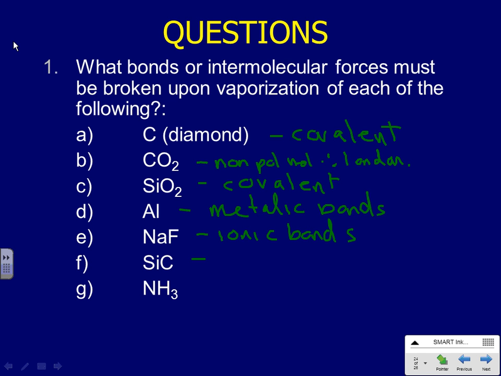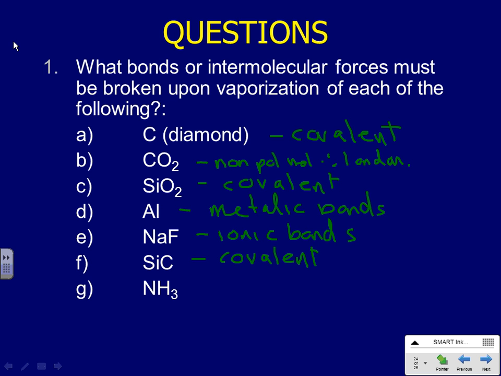So this is not a regular small molecule. This forms a covalent network crystal. If you take a look at your little list on covalent network crystals, it's just like diamond, silicon dioxide, silicon carbide. It's just covalent bonds because it is a repeating structure of covalent bonds. Covalent. Because it is a network crystal as well. All right, so you can't treat it like a small molecule.